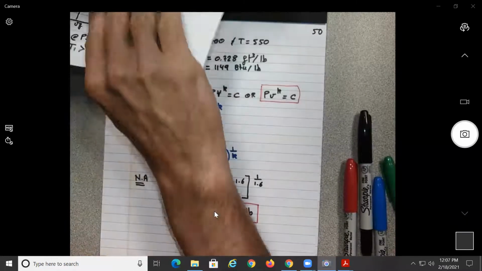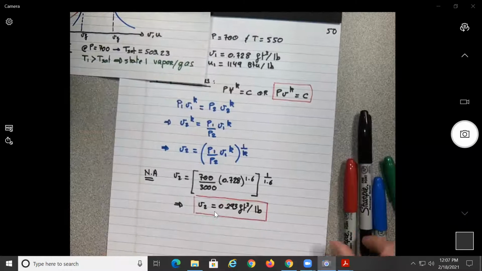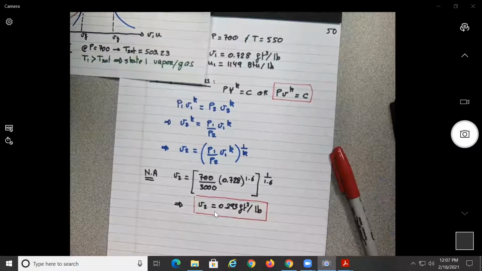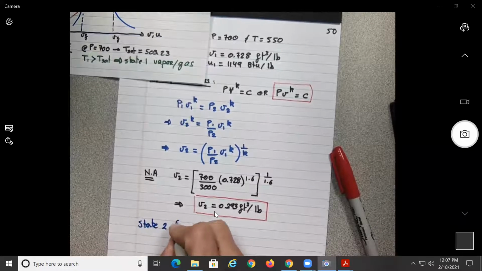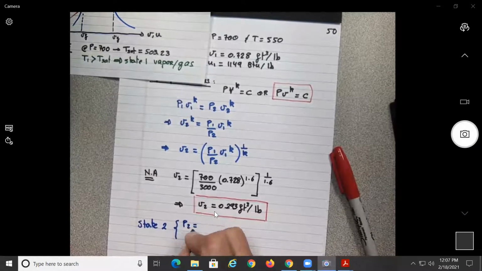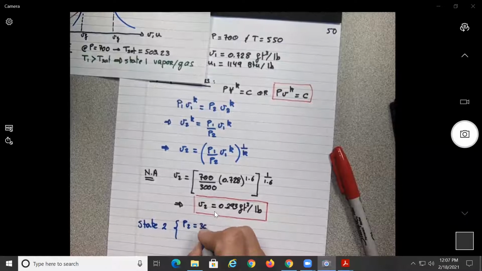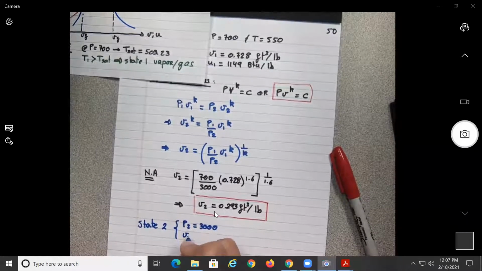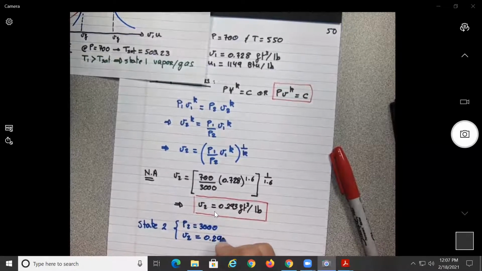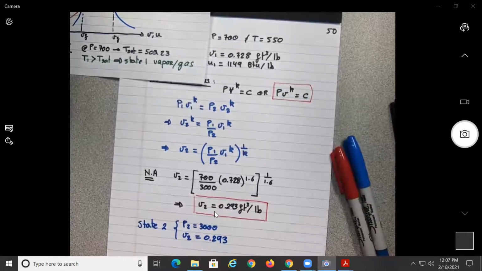Okay, so now let's look at state 2, where we know the pressure, which is 3000, and we know the specific volume to be equal to 0.293.